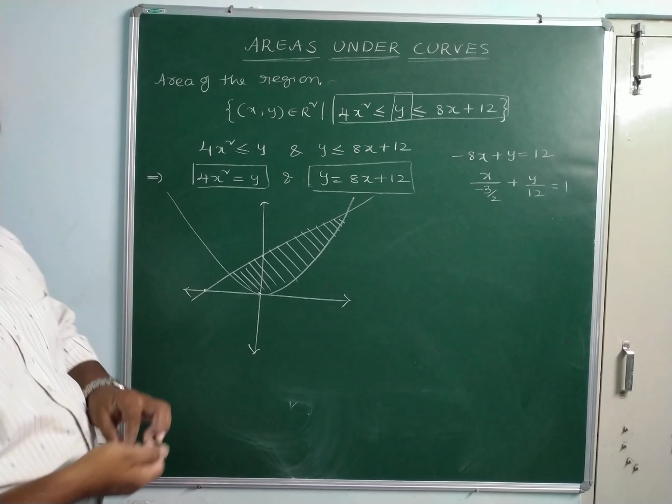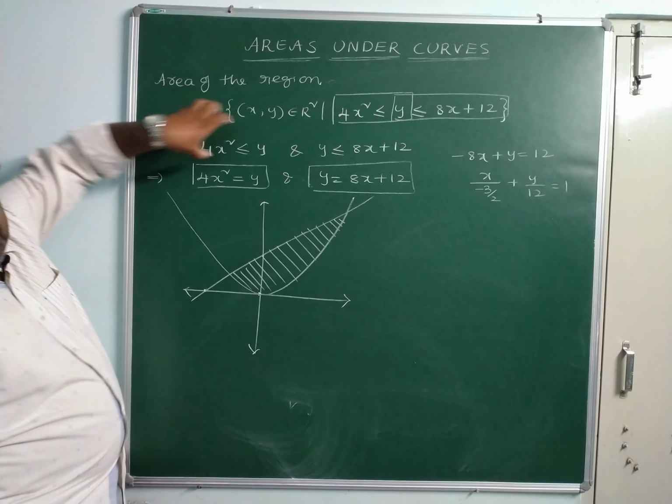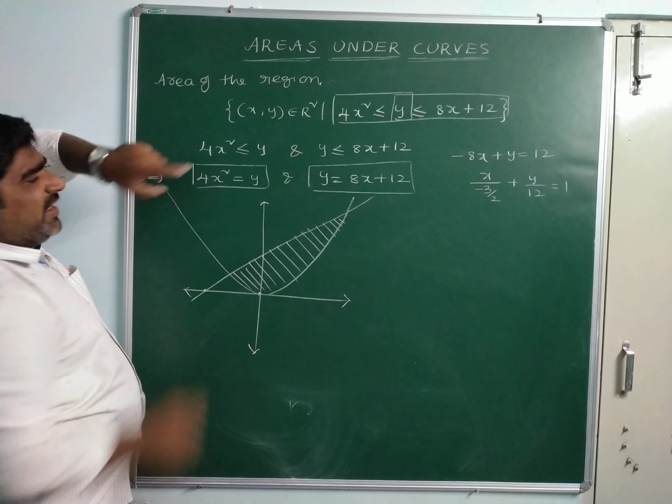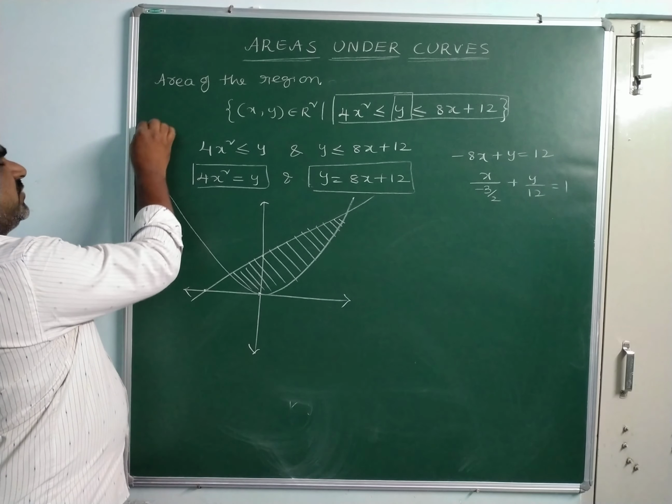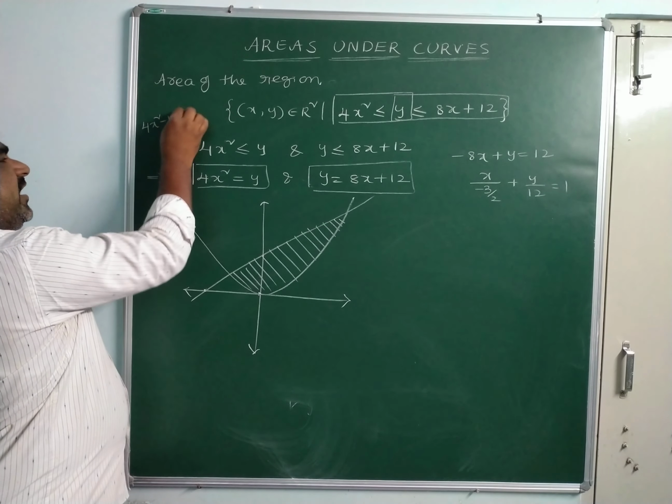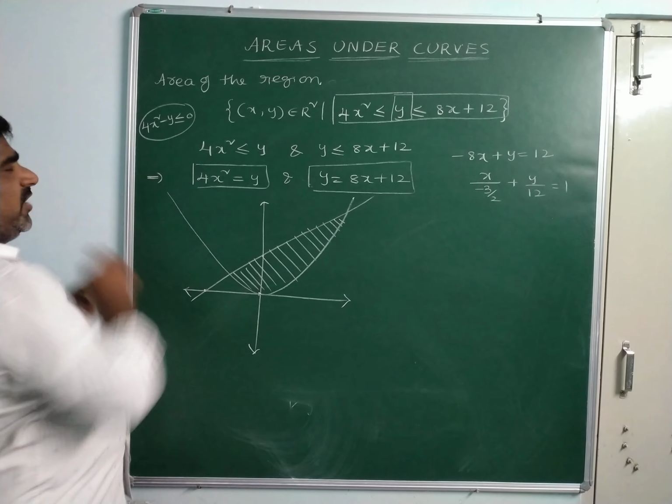Why you said like that, sir? Let me explain. So now consider the inequality: 4x square less than or equal to y. That is 4x square minus y less than or equal to 0.